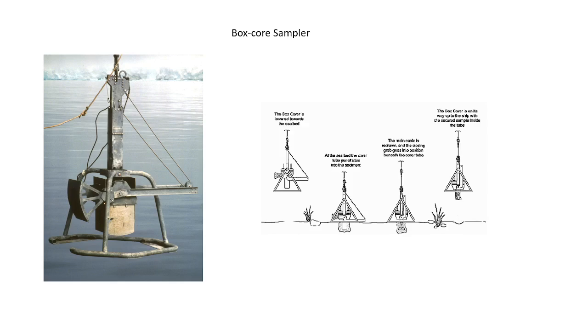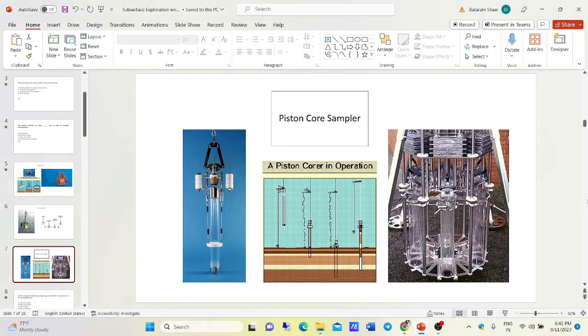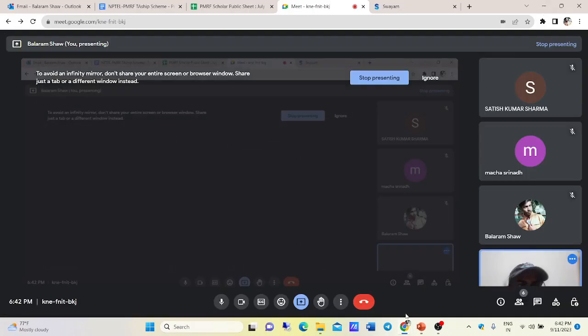So box core sampler we have seen. Now after this box core sampler, what was there? Before this it was drop core sampler. Drop core sampler we have not, the figure is not there, so I'll discuss that.